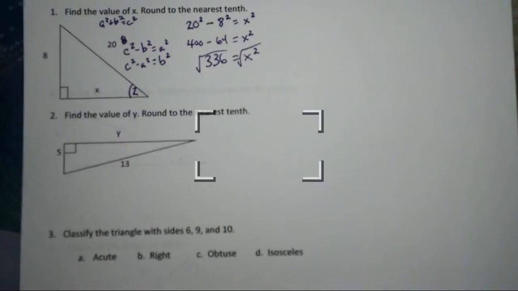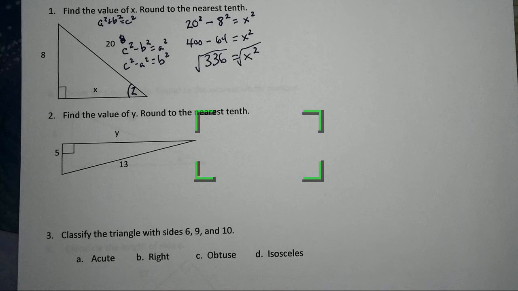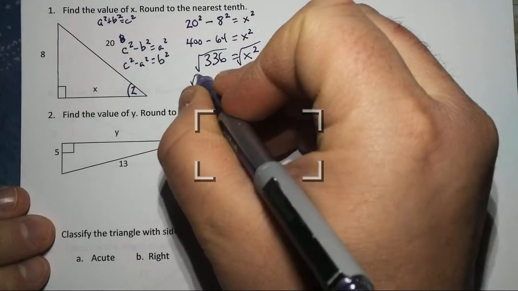Now on your calculator at this point, if you do menu, then algebra, then factor, you can just type in 336, hit enter, and it'll spit out your factors.